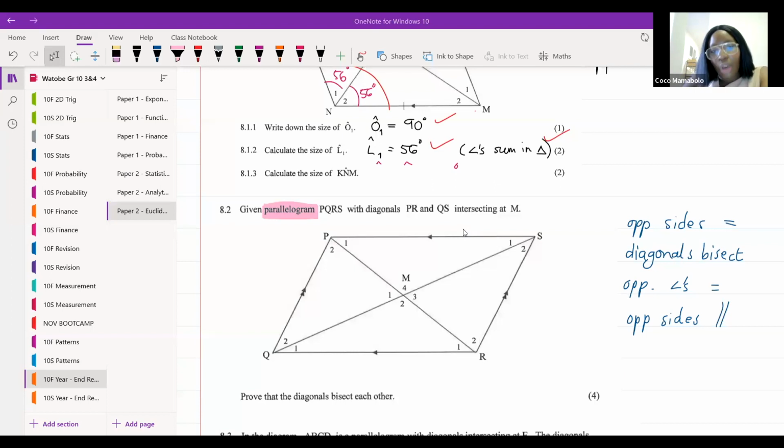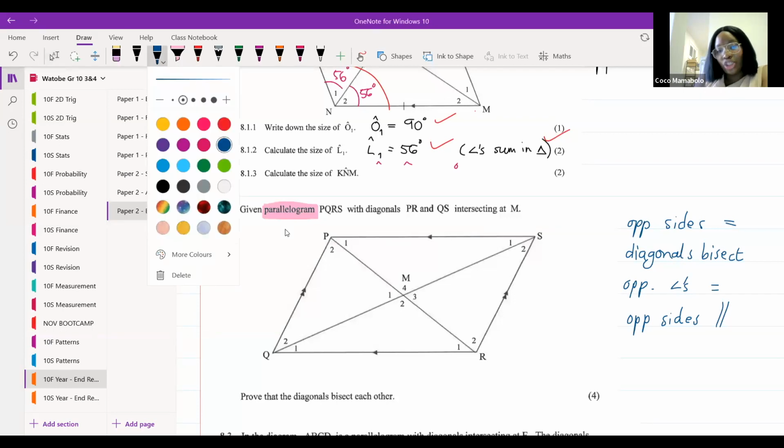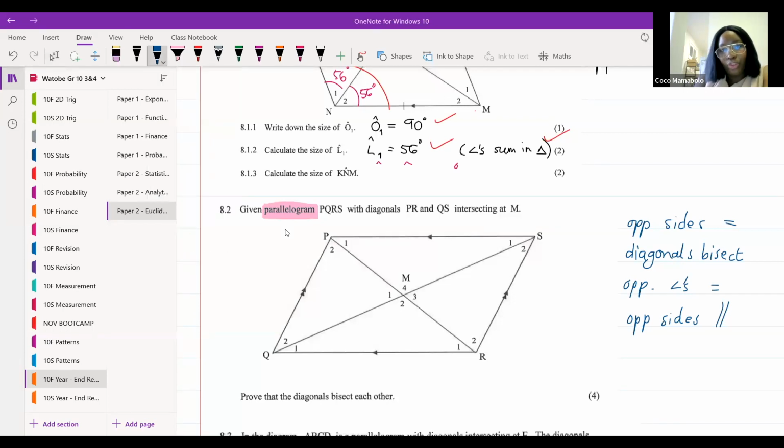All right, so today's question says, prove that the diagonals bisect each other. Our job is to prove that the diagonals bisect each other.